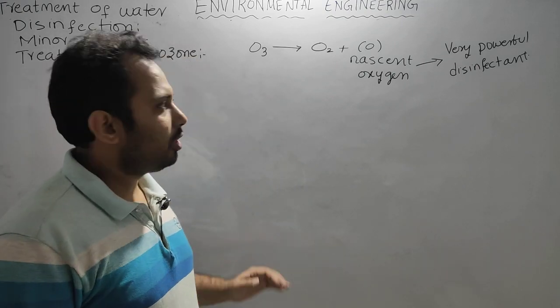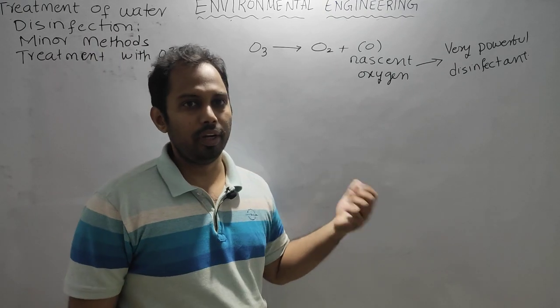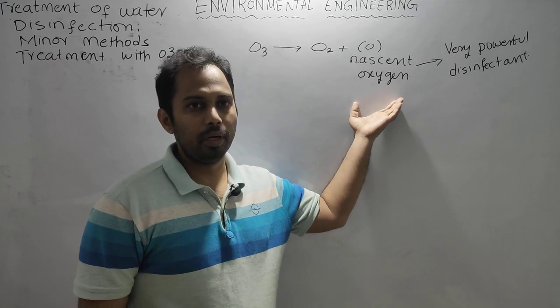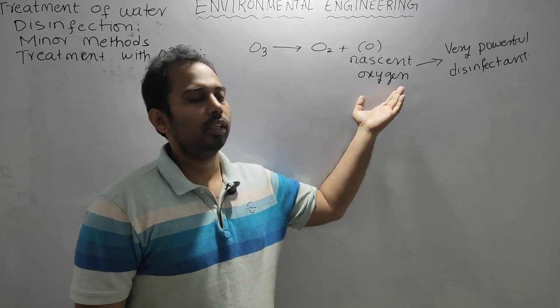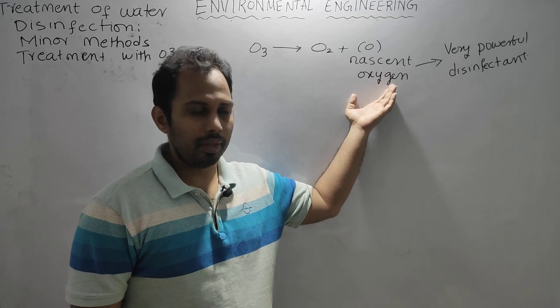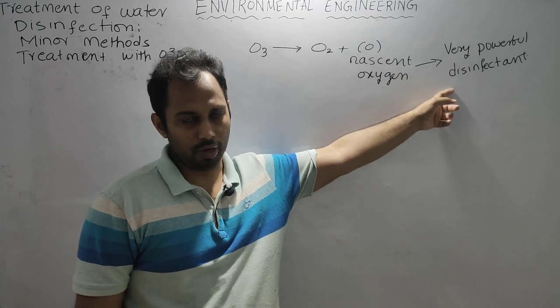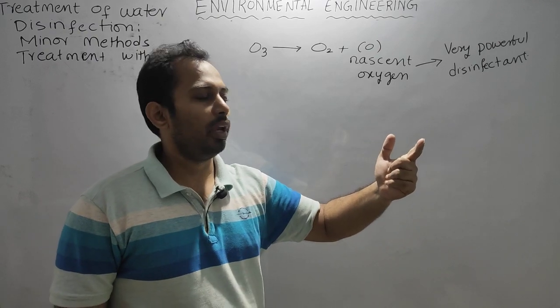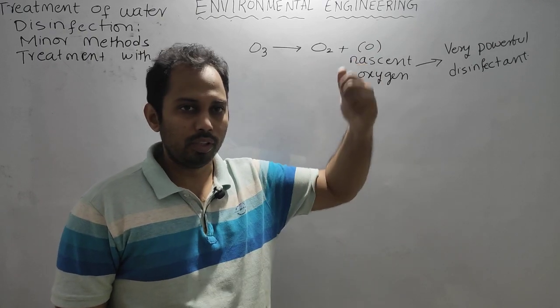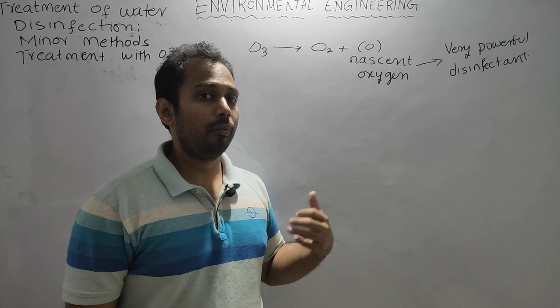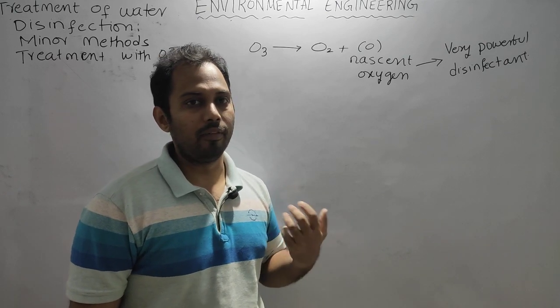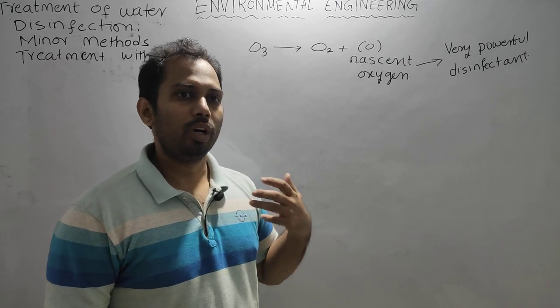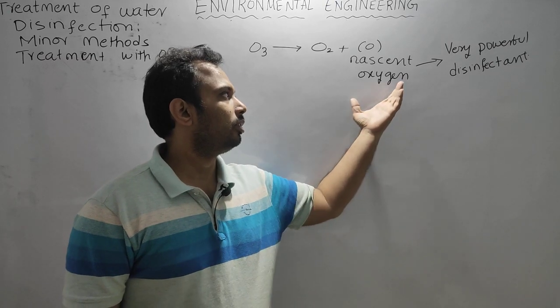I will tell you later what the affinity is, and what the instability is. Here, nascent oxygen is unstable, that is why it is a very powerful disinfectant. If you look at chlorine, fluorine, bromine, iodine, these are halogens. They have powerful affinity. So what is affinity? What is stability?